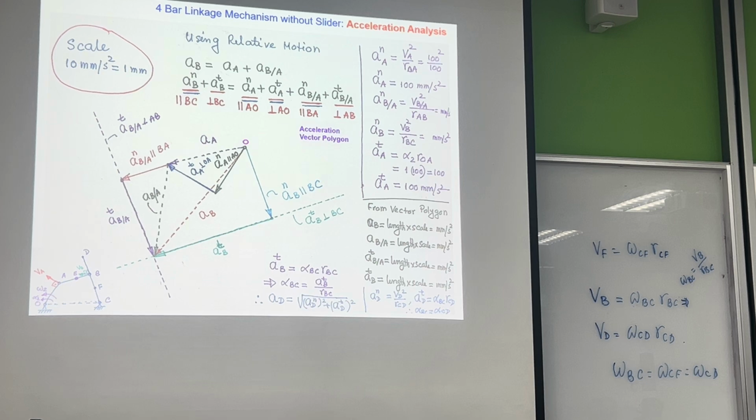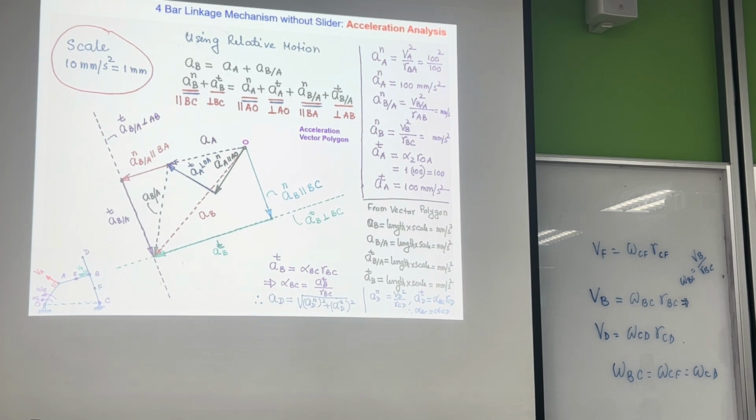Now look at here, how many normal components we have? We have ABN, AAN, ABAN, 3. And all 3 of them have our second underline, blue, blue, and blue. So we tick that box as well. And now we are in a position to plot our vector polygon. At the moment, our objective is not to look at E, not to look at F, not to look at D. We will be looking at those later on, in the vector polygon.